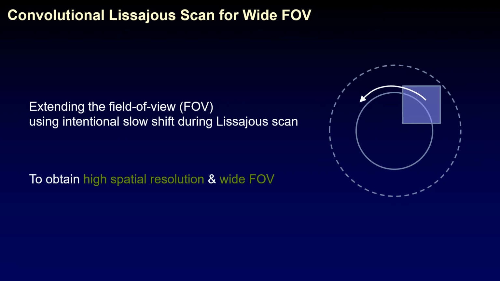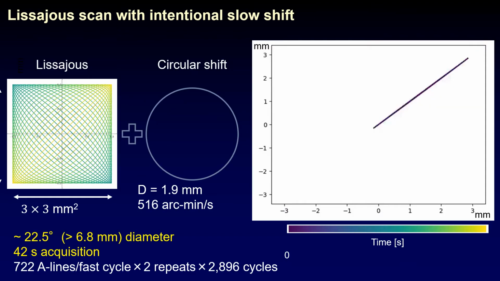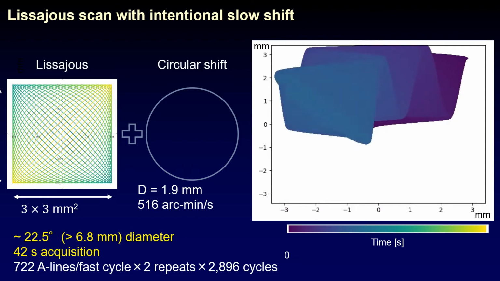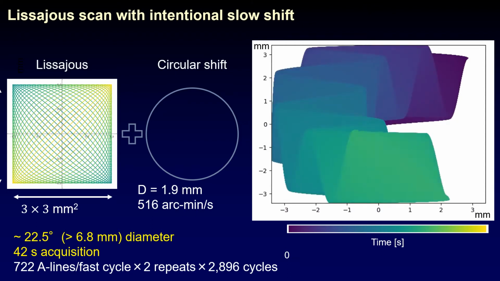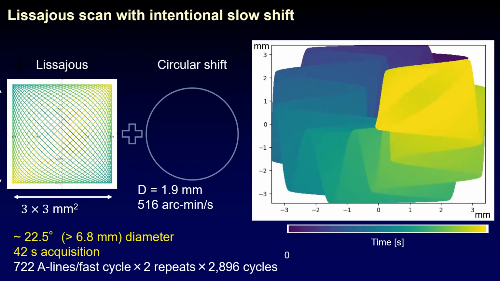We denote this scan as the convolutional Lissajous scan. In our particular implementation, the elementary Lissajous scan covers a 3 × 3 mm region. While doing this narrow field Lissajous scan, the center of the Lissajous pattern slowly drifts along a circle. Here, the diameter of the circle is 1.9 mm.